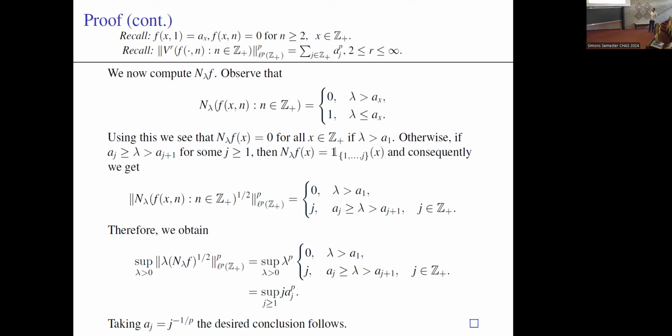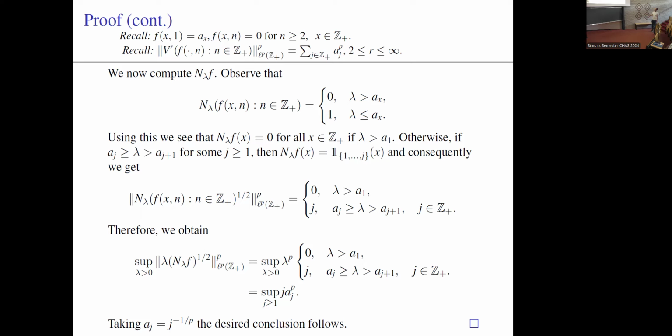Now if we compute the supremum over this function, it is quite easy because this function is piecewise constant. The optimal choice is to choose lambda as large as possible, so in this region, for instance, we choose lambda equal to a_j. So we have a_j to the power p times j, right?